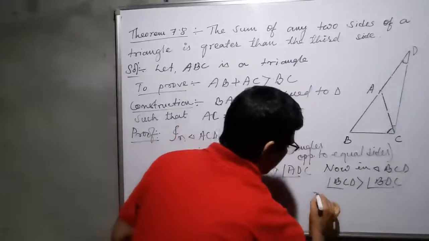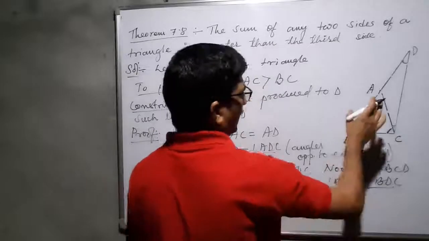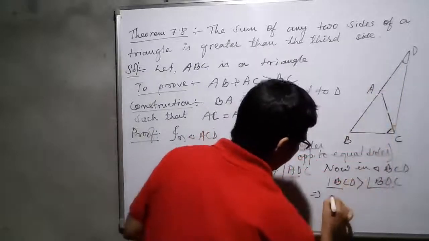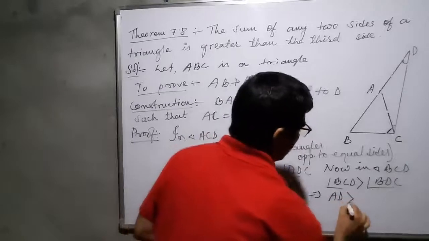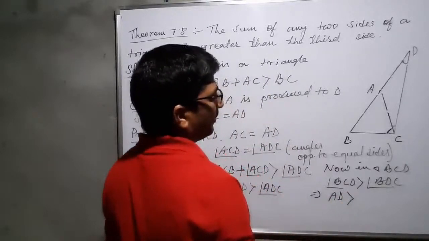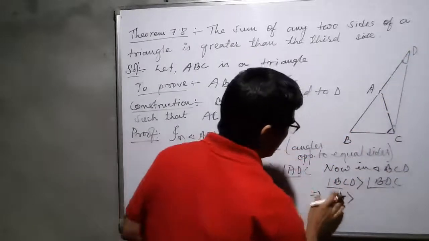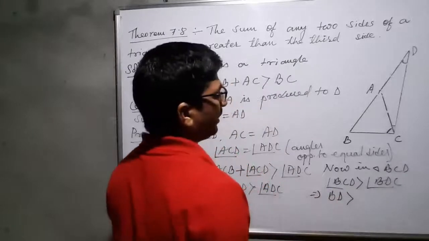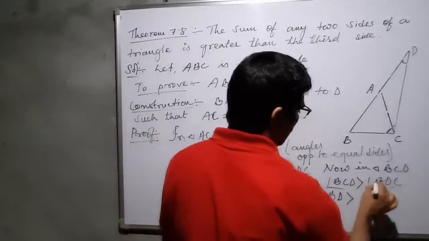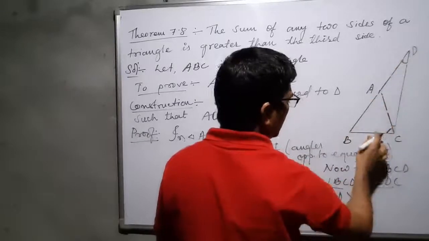Now the side opposite to BCD is not AD, sorry, it is BD. BD is greater than the side opposite angle BDC, which is BC.